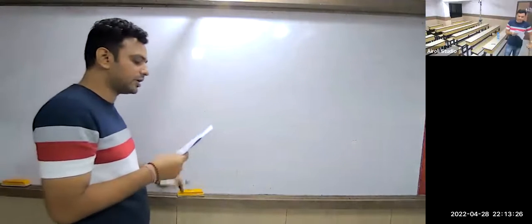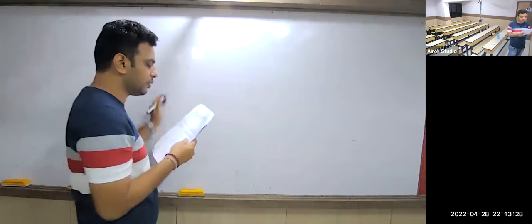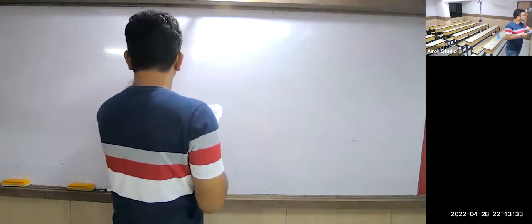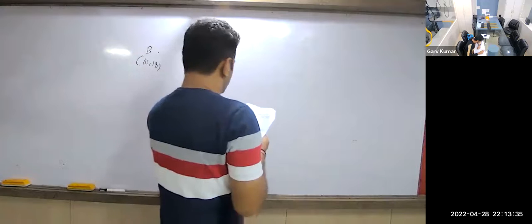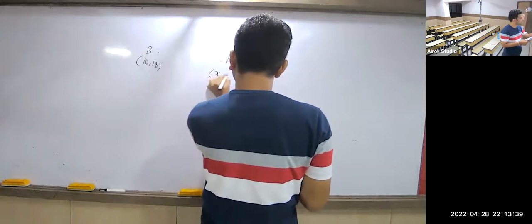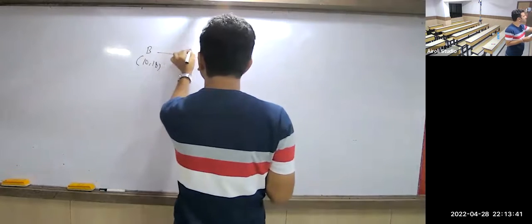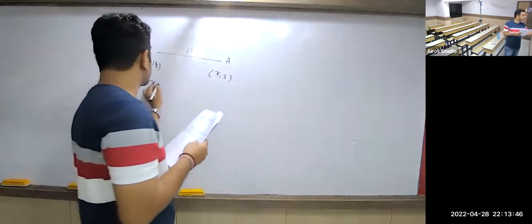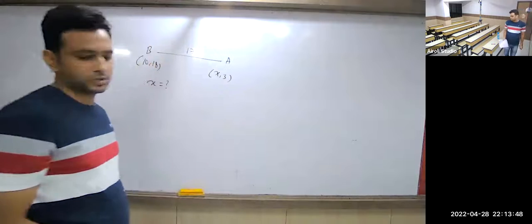In the xy coordinate plane, the distance between the point B, whose coordinate is given as 10, 18, and point A, x, 3 is 17. So this length is given as 17. What is one possible value of x? So what we have to do?